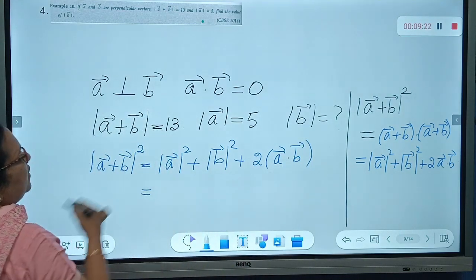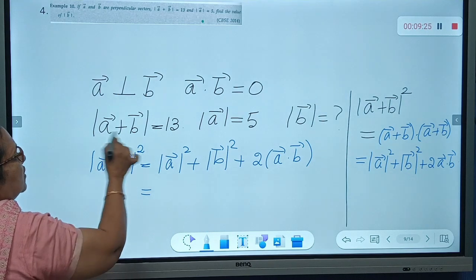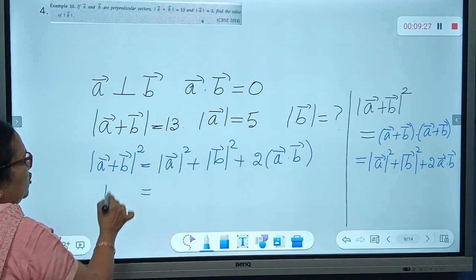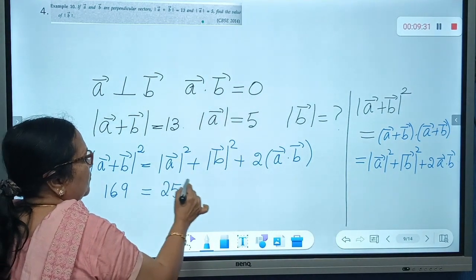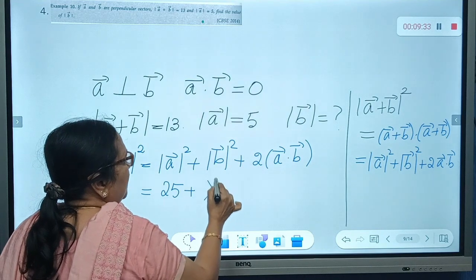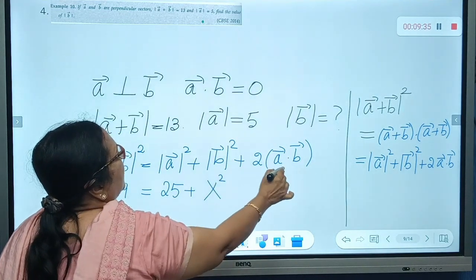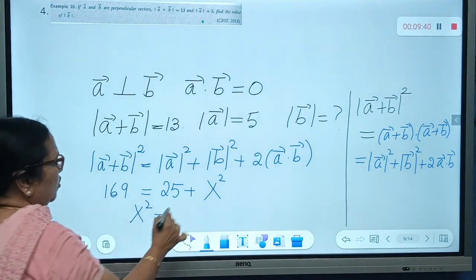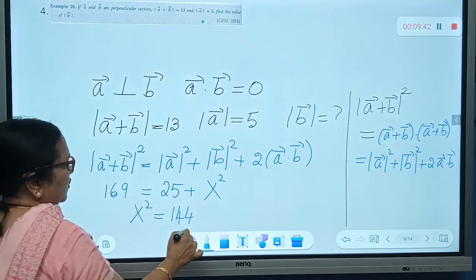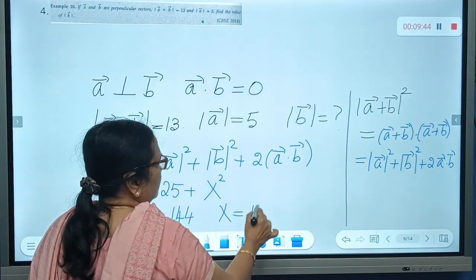Now the length of A plus B is 13, therefore this is 169. This is 25. This is what we need to find. We will keep it as x square. Now what is A dot B? 0. So x square is equal to 144, or x is equal to 12.